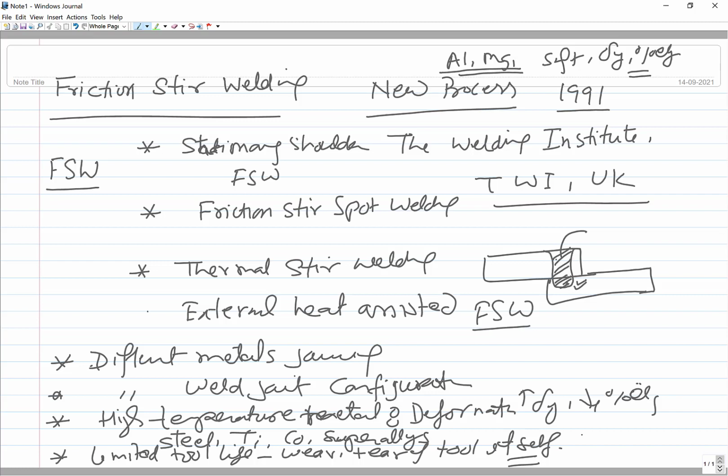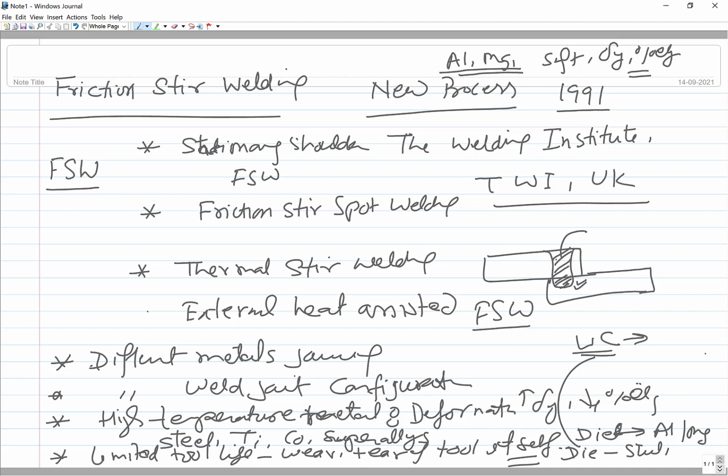So for example, maybe die steel you can use for joining of aluminum and magnesium, but if you start using die steel for welding steel or something else, you cannot weld actually. So a better alternative is the use of carbide tools, say tungsten carbide, and it can weld maybe thin sheets, but very limited tool life will be there.